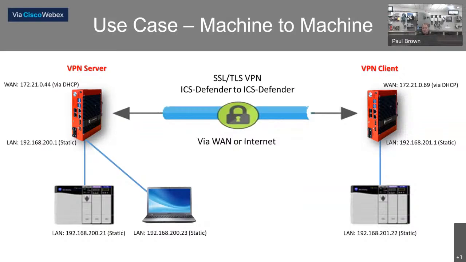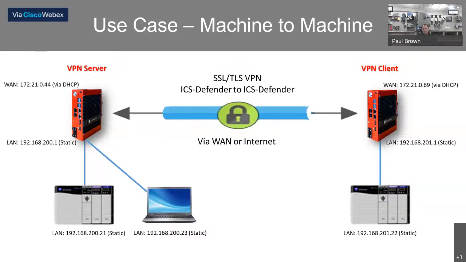This is a similar setup as the previous slide. It's just showing it in a different graphic. And one thing I like to point out here is that we're saying this can be done through the WAN or the internet. So this could connect two lines that are physically in different buildings.